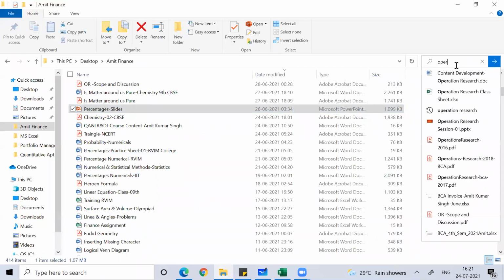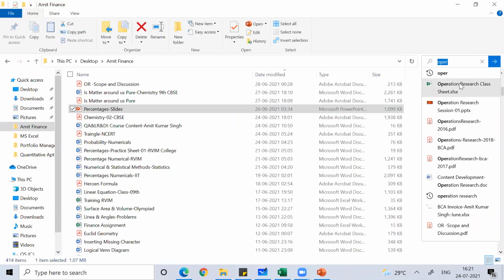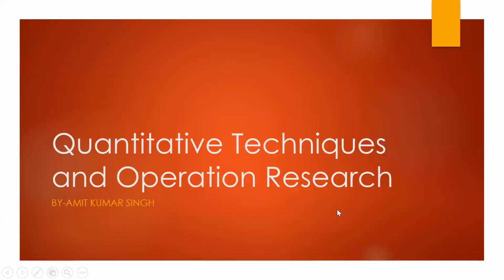Principal sir has taught you how to write an equation whenever you have a word problem. Word problem kind of questions always come for BCA students. For MBA students, the chances of it coming are a little bit less.